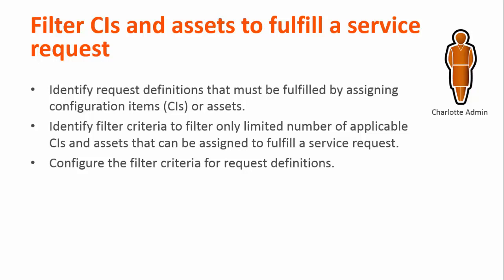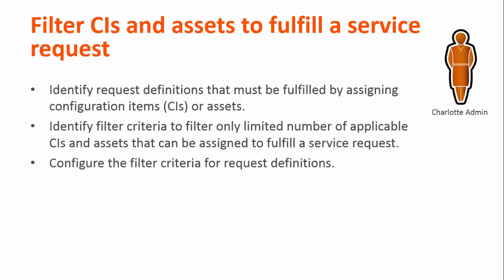To fulfill this service request, the staff member must link a CI or asset to the service request. If no filter criteria is specified, system administrators will have to add a lookup to the base element object to each request definition, and the filter criteria will be the same for all request definitions.